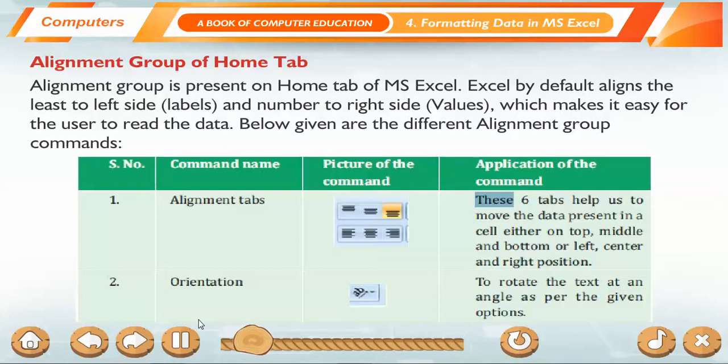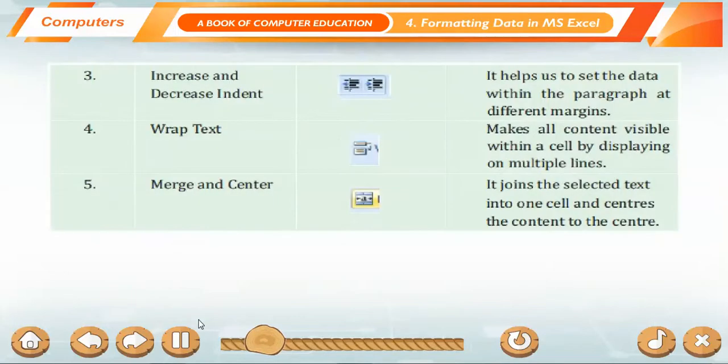Alignment tabs. These 6 tabs help us to move the data present in a cell either on top, middle and bottom or left, center and right position. Orientation. To rotate the text at an angle as per the given option. Increase and decrease indent.